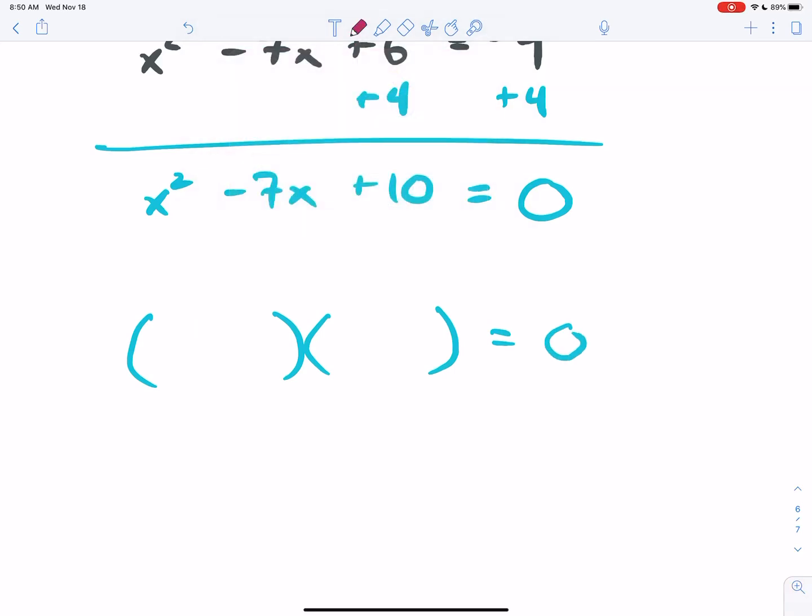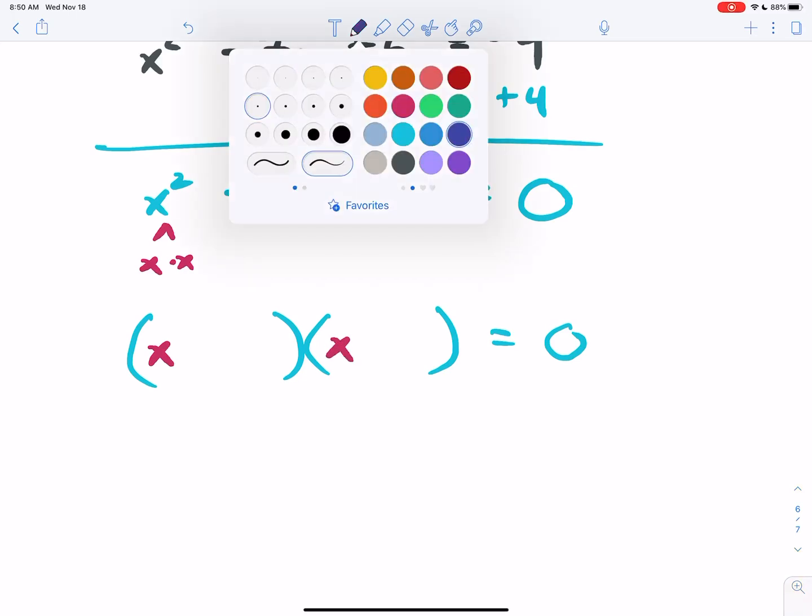Okay, pause here. We did this a while back, so feel free to go back and look at your notes. Okay, so we know that the factors of x squared are just x times x, so that's easy. Now this one is a little bit tricky.